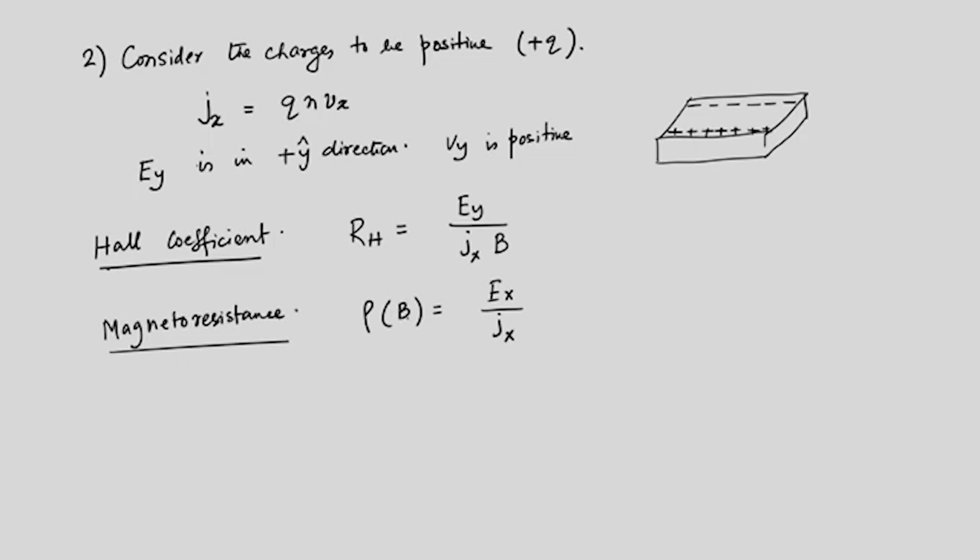So it really doesn't matter what B one applies, and eventually when the equilibrium is established, the Lorentz force gets balanced by this transverse electric field, and that's why there's no dependence on the magnitude of the magnetic field here. Okay, and so how do we write down the equation of motion for this case where there is a current flowing in the x direction and the magnetic field in the z direction?